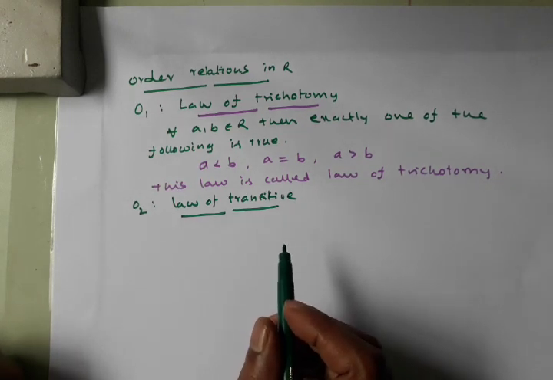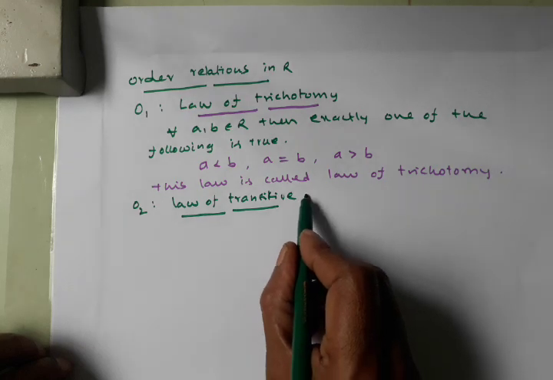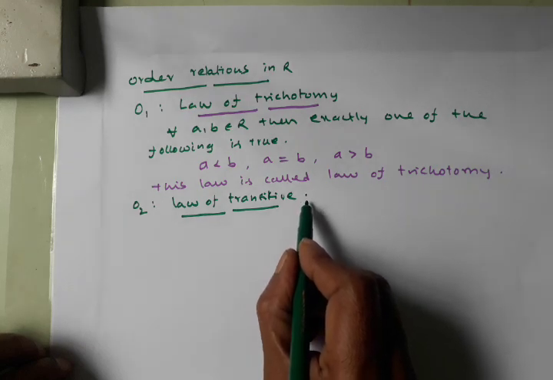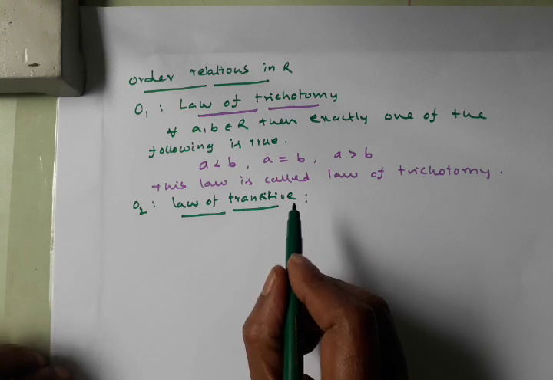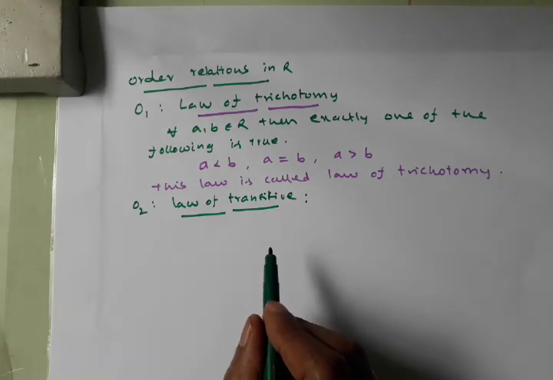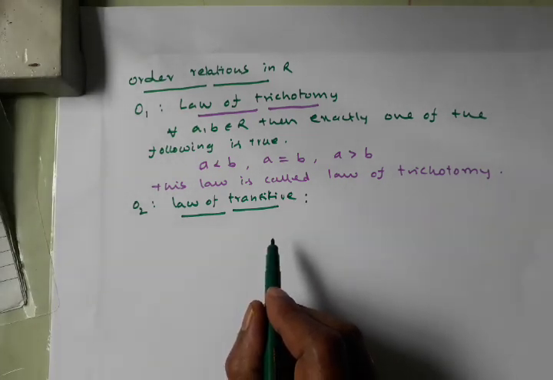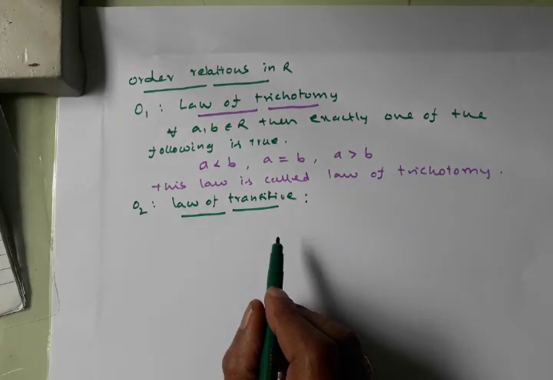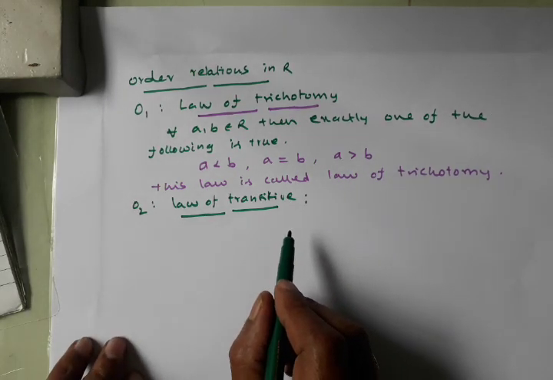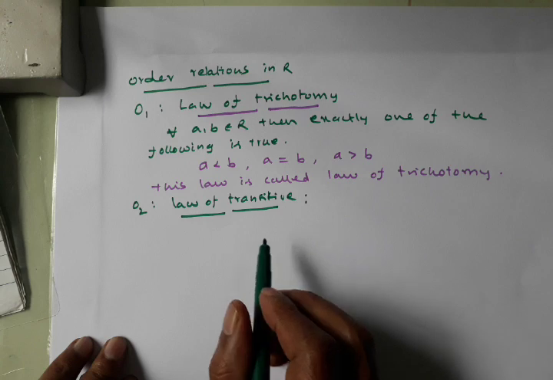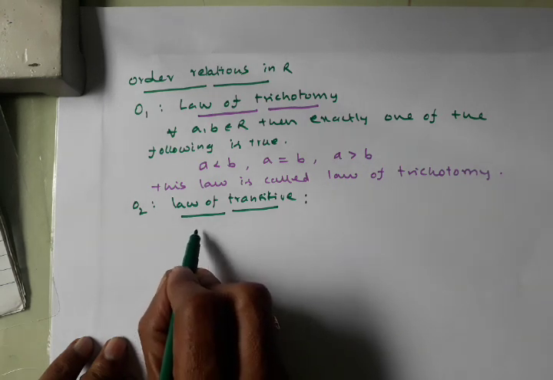The types of relations we have there in PUC: the first relation is reflexive, then symmetric, and the third one is transitive. The same we are going to discuss again.